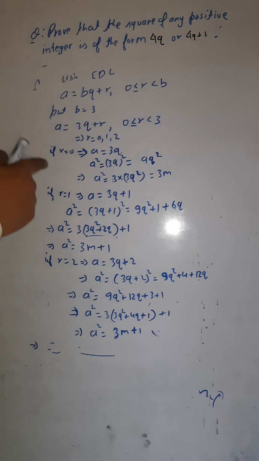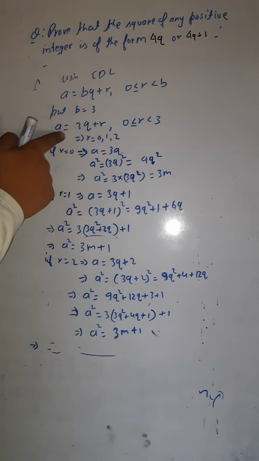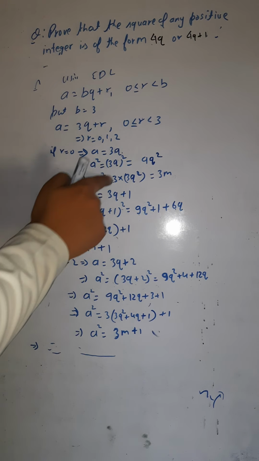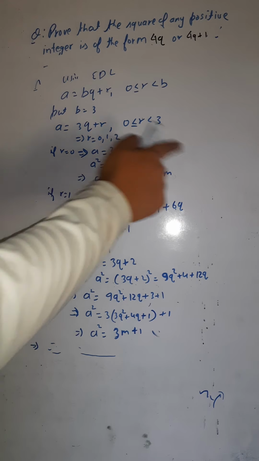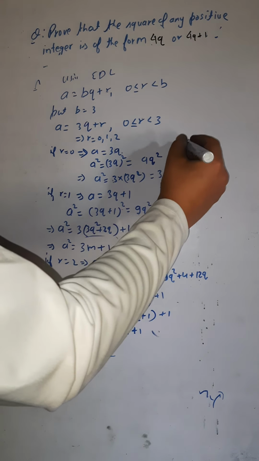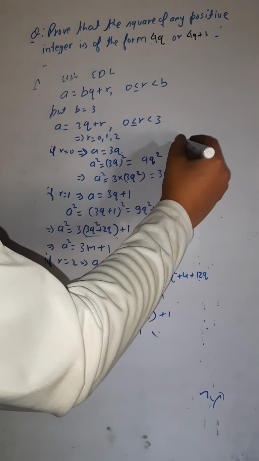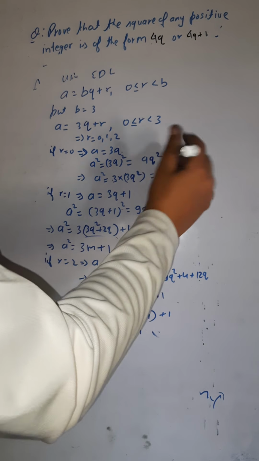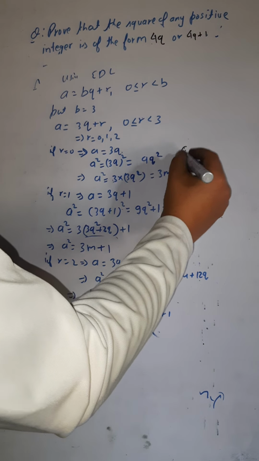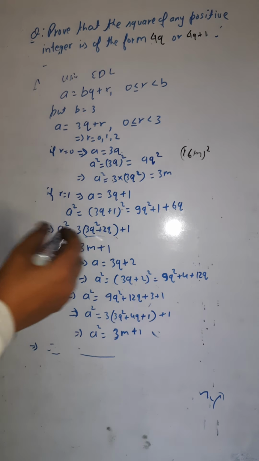Okay. So now one by one put the values. If r is 0, then the value of a would be 4m. Square it. You would get 16m square.